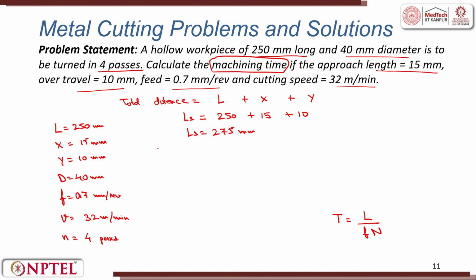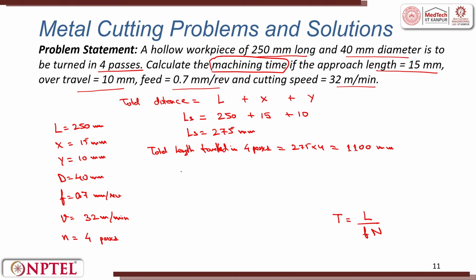Now the total length traveled by the tool in 4 passes is equal to 275 into 4, which is 1100 millimeters.